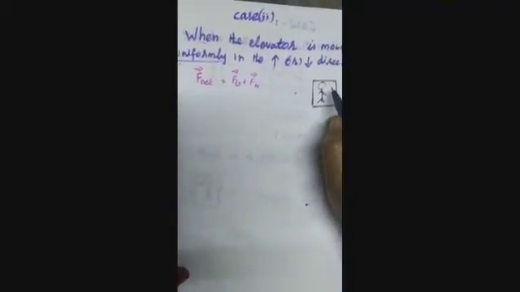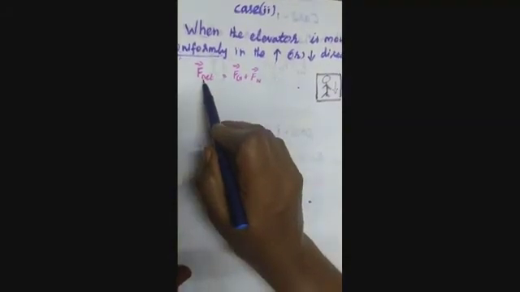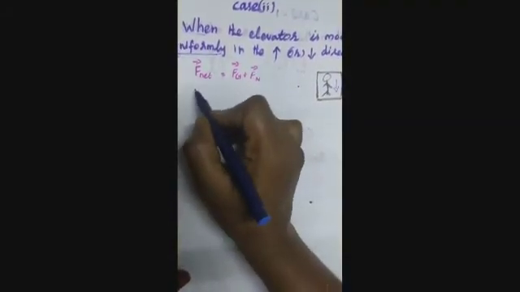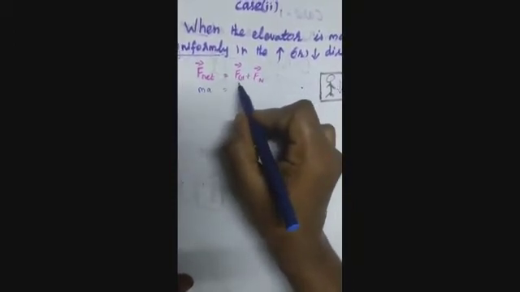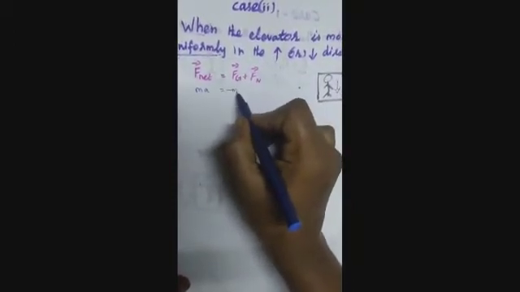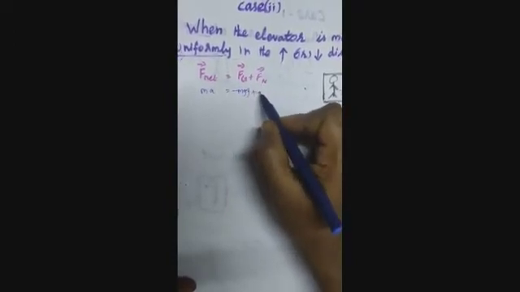The gravitational force acts downward and the normal force acts upward. According to Newton's second law, F is equal to m into a, equal to minus mg j cap plus N j cap.